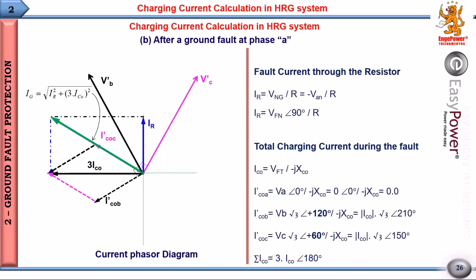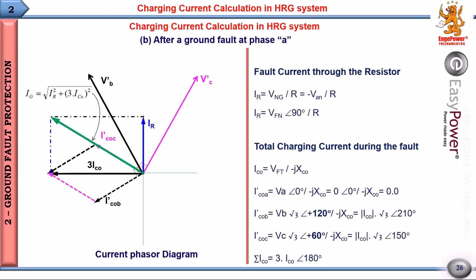So IC0B is here, 210 degrees, and IC0C is here. The vectorial summation of these two currents will give us 3 IC0.